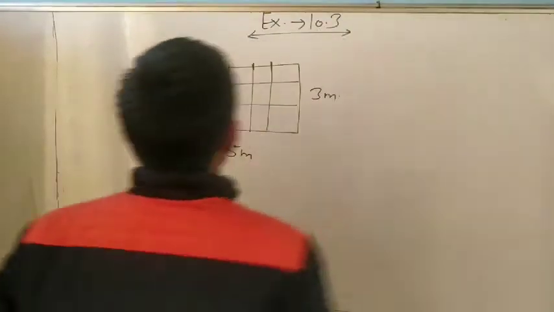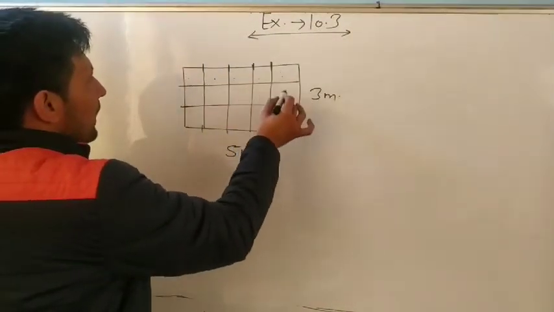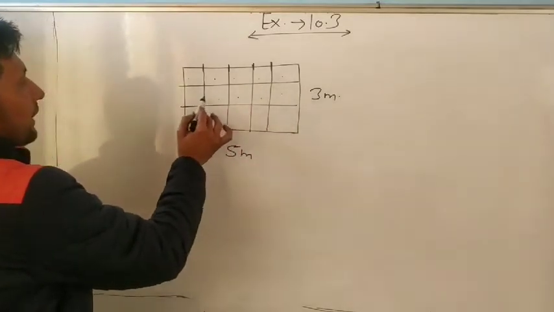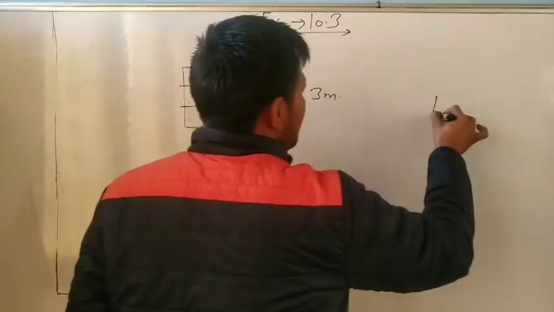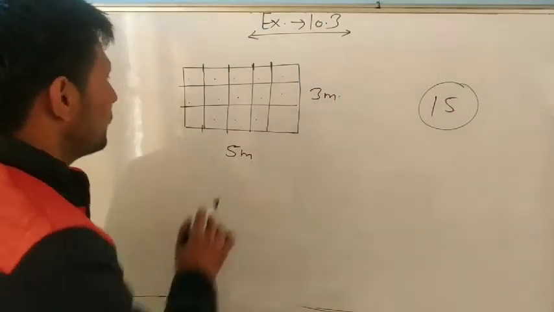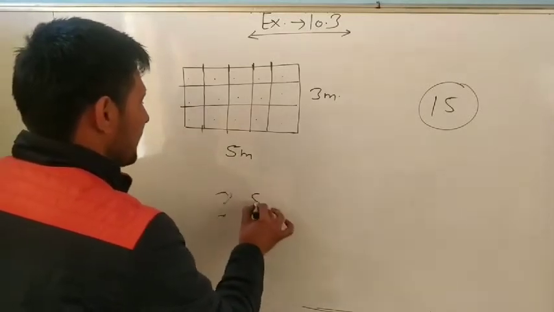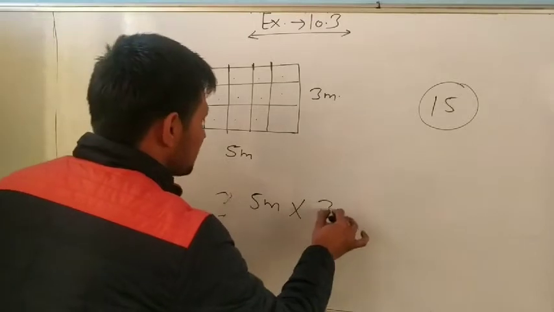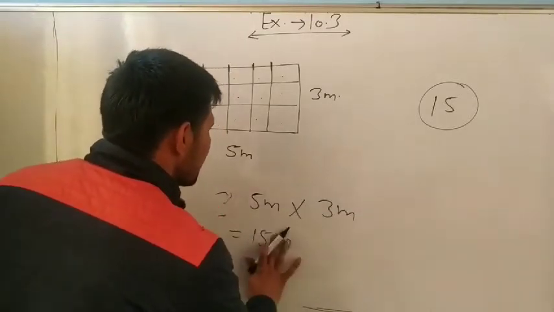We will count squares 1, 2, 3, up to 15. Total area is 15. But we can find its area like this also: length is 5 meter and breadth is 3 meter, so 5 into 3, 15 meter.